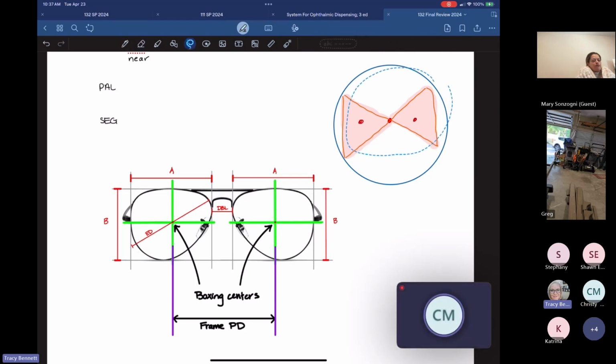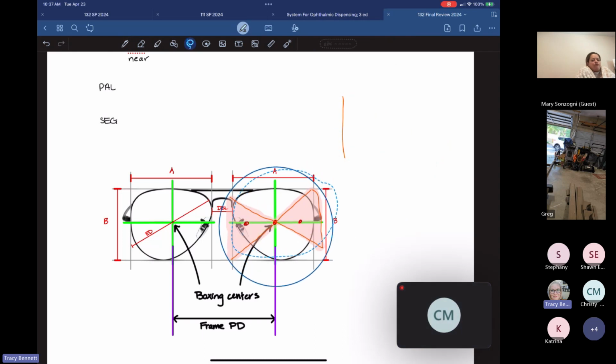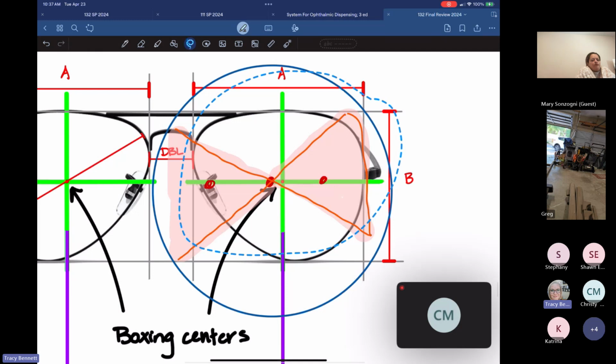Yeah, and then the same thing happened over here. We were supposed to decenter 1 millimeter in, but we didn't. So keep your eye at where this optical center is right now, right about there. You see where that's crossing, and you see how the eye is just inside nasal too.